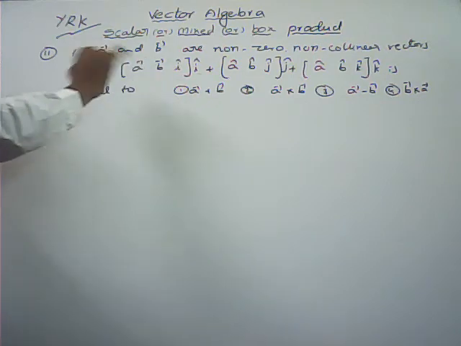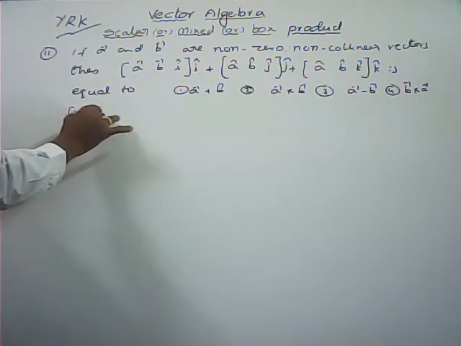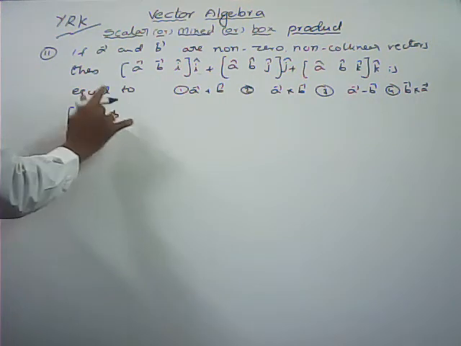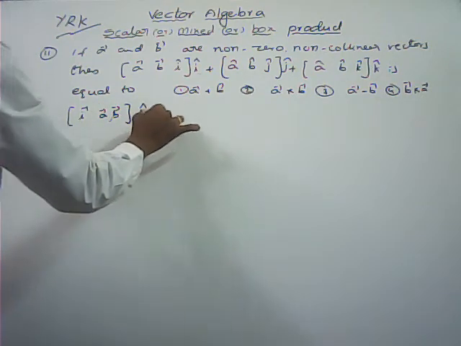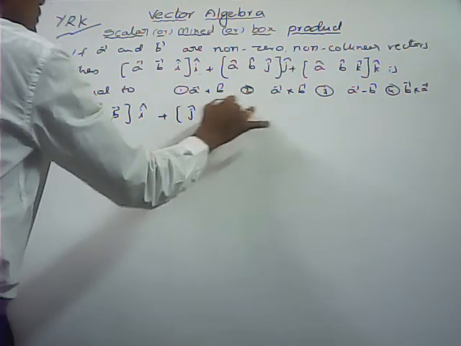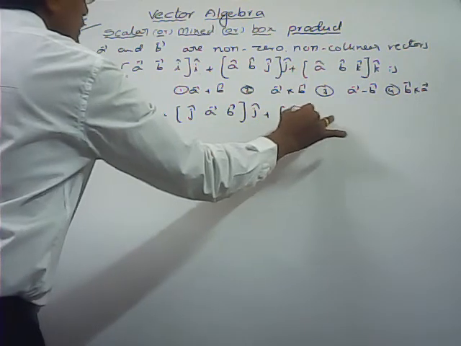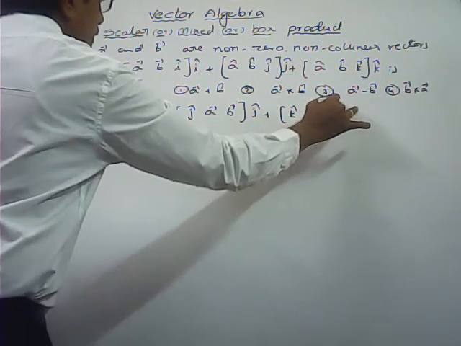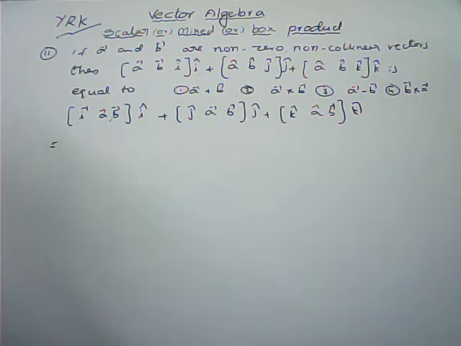We can change the cyclic order also, that is equal to box IAB into I cap plus box JAB into J cap plus box KAB into K cap, that is equal to a bar box AB, that is equal to a bar dot a bar cross b bar only.